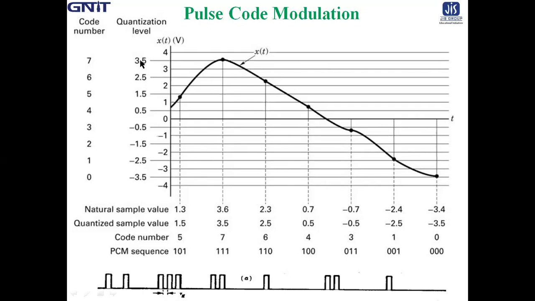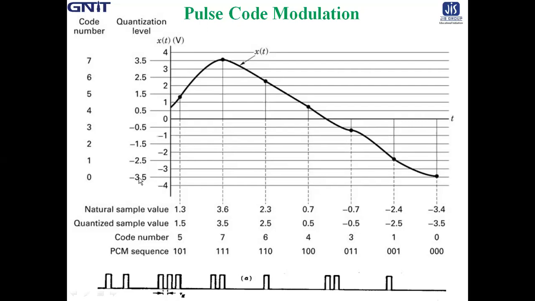Now, for each quantization level we denote a code number. A total of 8 quantization levels are present, so we start from 0 to 7.